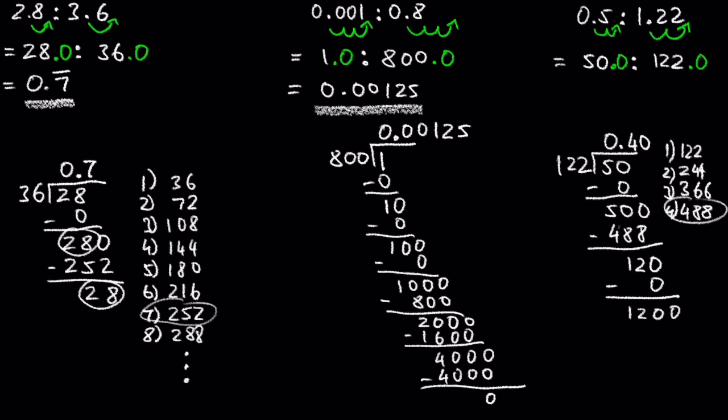Let's continue our list. 610, 732, 854, 976, 1098, 1220. 5, 6, 7, 8, 9. 9 times. 9 times 122 is 1098.